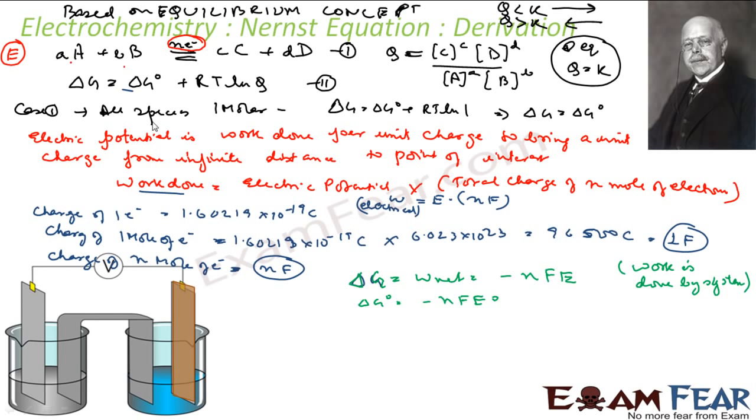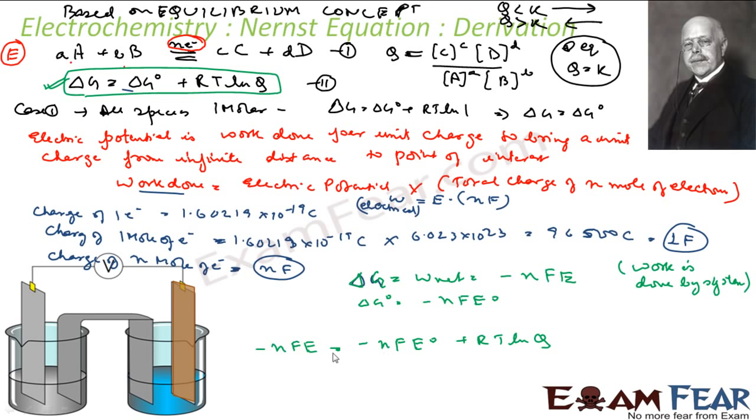Now let's put this value in this equation. We'll put this delta G and delta G naught in this equation. So what will this equation become? Delta G will become minus nFE. Minus nFE is nothing but delta G naught, that is minus nFE naught plus RT ln Q. So let's make this equation a little better by dividing the whole thing by minus nF.